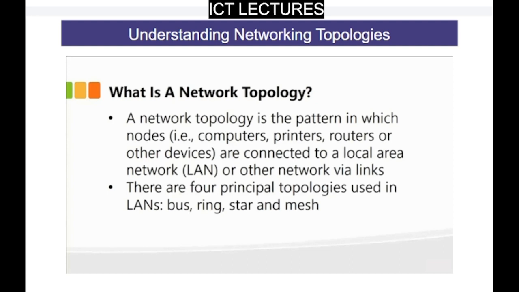There are four principal topologies used in local area networks, which are bus, ring, star, and mesh. And I'm going to talk in detail about each of these kinds of topologies.